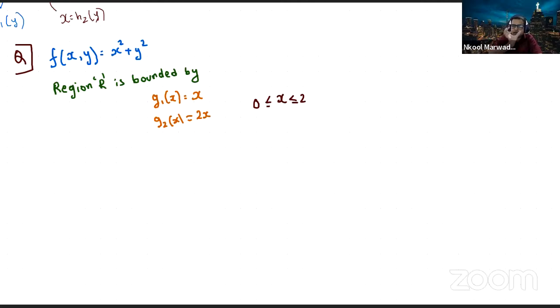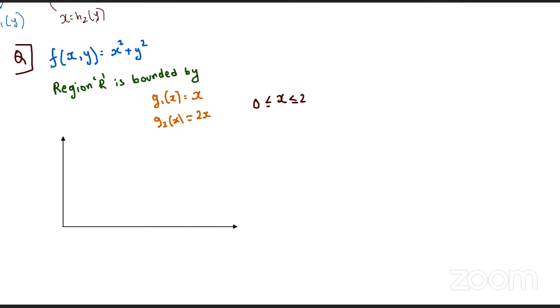First, let us try to look into the region. So let us draw the region. So we have two functions, x and 2x. And you are already aware that these are basically straight lines.